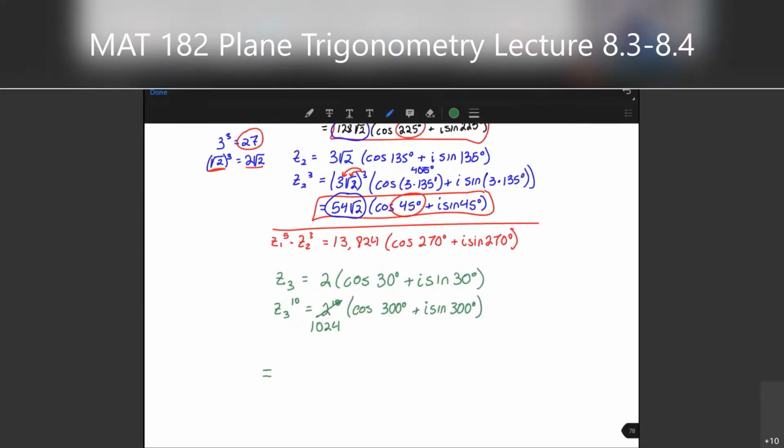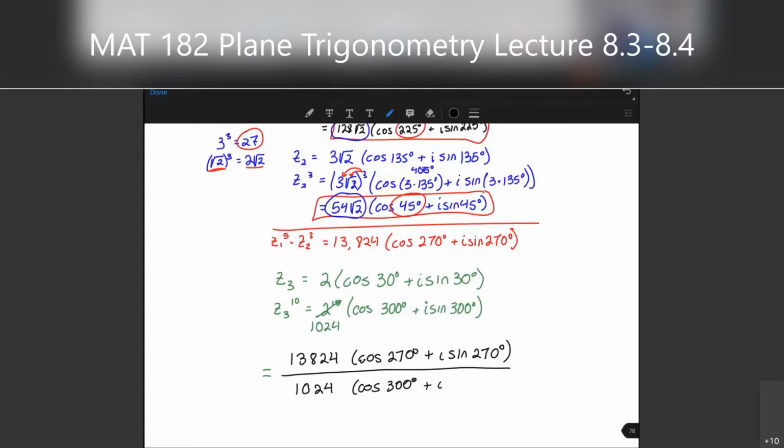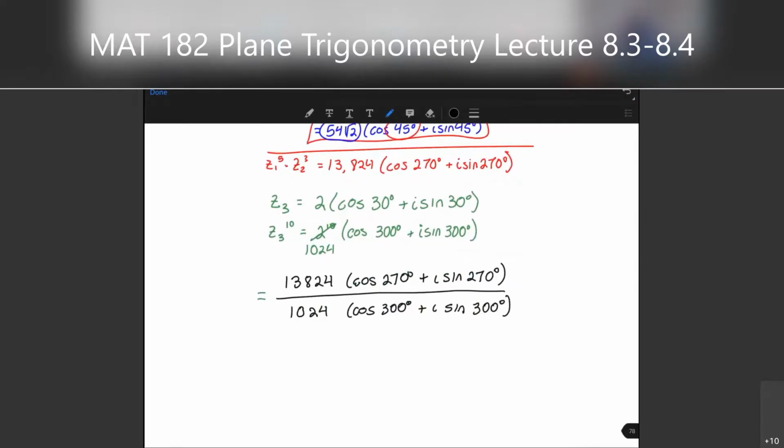Our final result, we're going to be taking the quotient between 13,824 cosine 270 plus i sine 270, divided by 1024 cosine 300 plus i sine 300. All right, so this is what we're down to, one quotient.